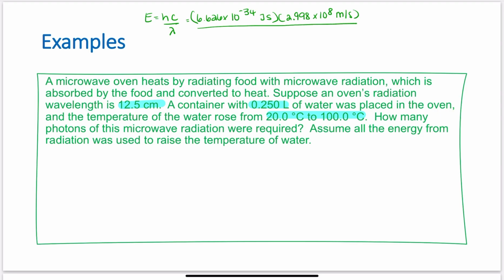My wavelength here is 12.5 centimeters, which I do need to convert to meters. That is the same as 0.125 meters. This gives me a numerical value here, 1.59 times 10 to the minus 24 joules. Now I have the amount of energy required that went through at that wavelength.